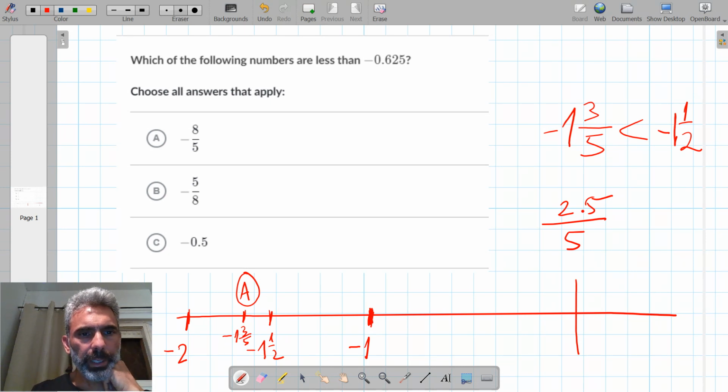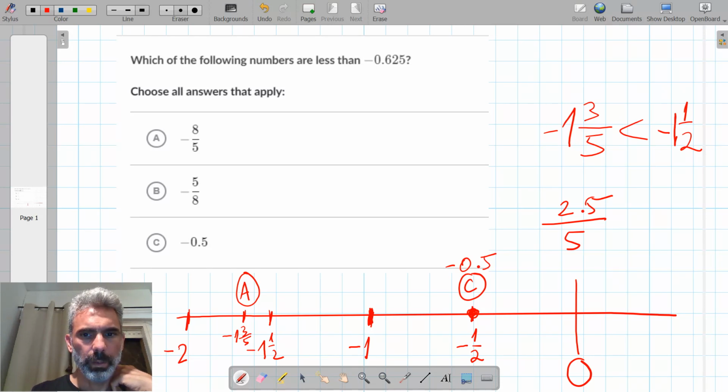Okay, minus 5/8. This is minus 1/2. So this is point C, because minus 0.5. This is point C. 0 minus 0.5 is here. This is 0. So point C is here.